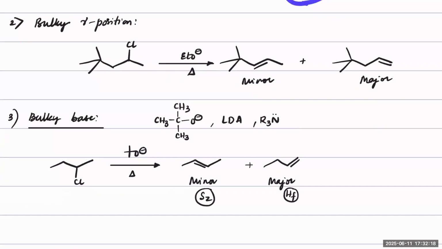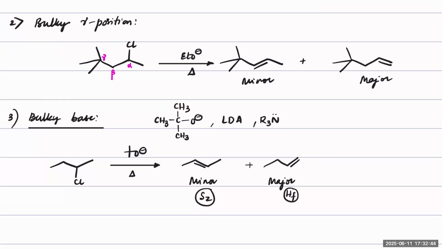Okay, next. Notice bulky groups here. If there is a bulky group at the gamma position, so you know that this is alpha, beta, and this is gamma. At the gamma position, you will see there is a tertiary group there, or three methyl groups present back to back here.